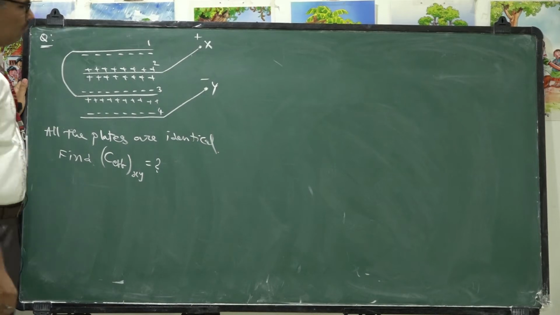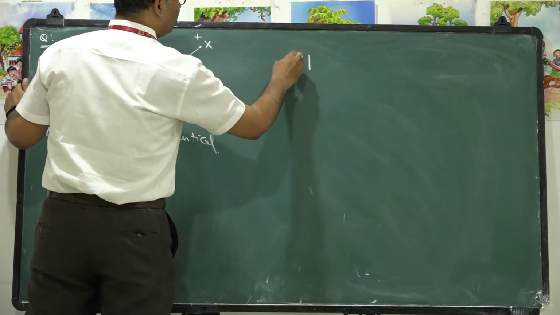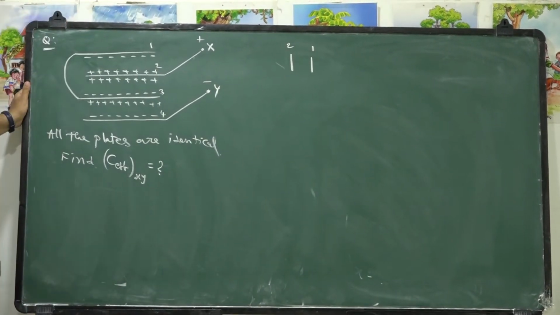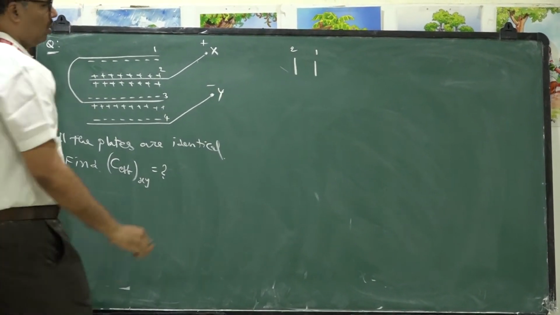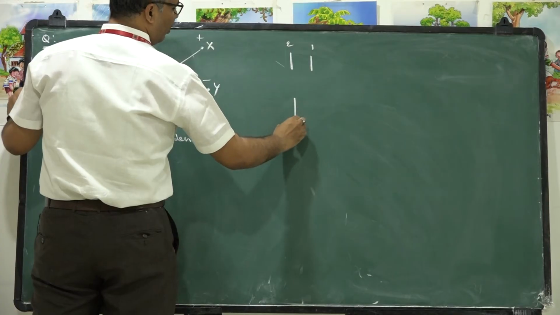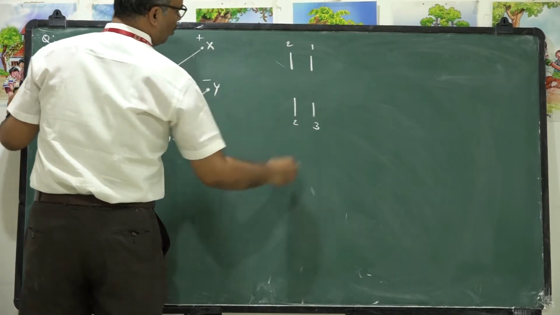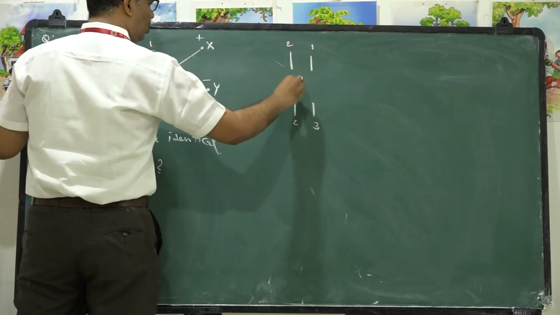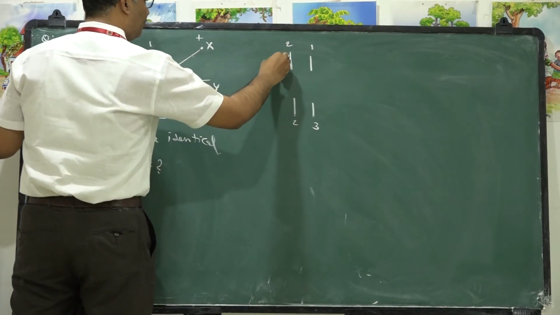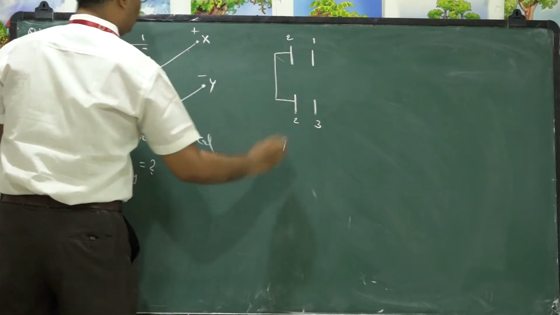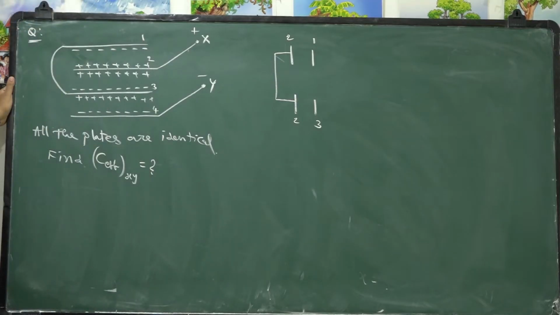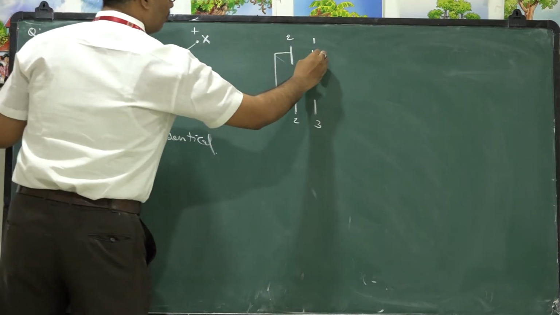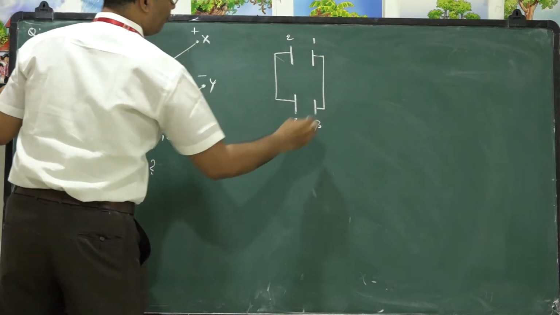So here, if you observe clearly, 1 and 2, if I write like this, 2 and 3, if I write like this, this is plate 2, this is plate 2, you can join them. Already we have a connection between plate 1 and plate 3. So plate 1 and 3 are also joined.